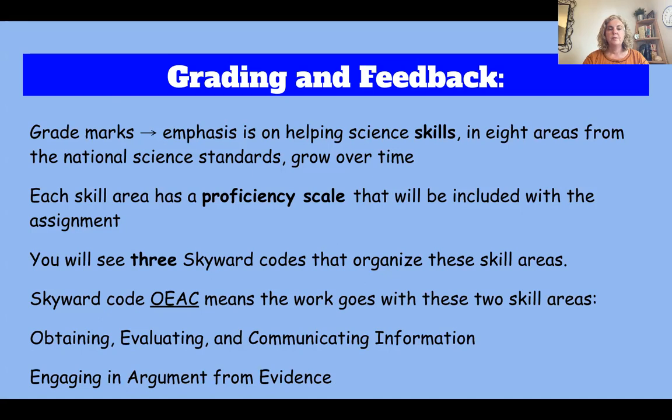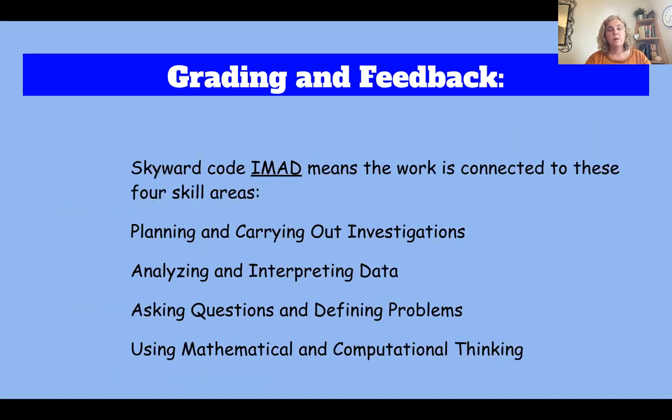And if we are obtaining, evaluating, and communicating information or engaging in argument from evidence, for example, say we have a reading and then students are making a claim and supporting that claim from reading, I'll abbreviate that OEAC. That's 2 large skill areas in science. There are 4 large skill areas in science where we continue to grow throughout middle school, high school, college, adulthood.